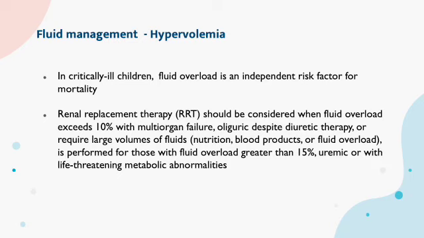Renal replacement therapy should be considered when fluid overload exceeds 10% with multi-organ failure, oliguria despite diuretic therapy, or requirement of large volumes of fluids, and should be performed for those with fluid overload more than 15%, uremia, or life-threatening metabolic abnormalities.